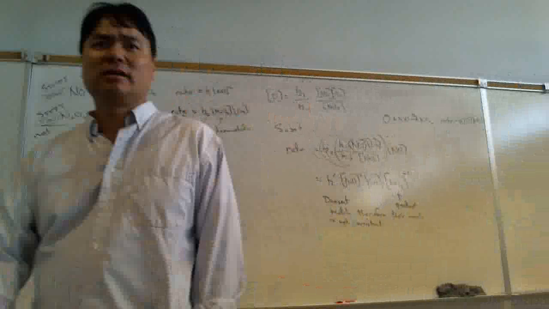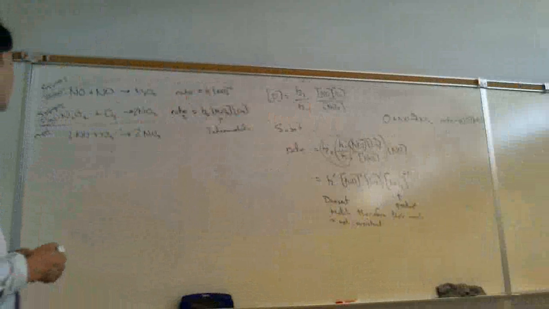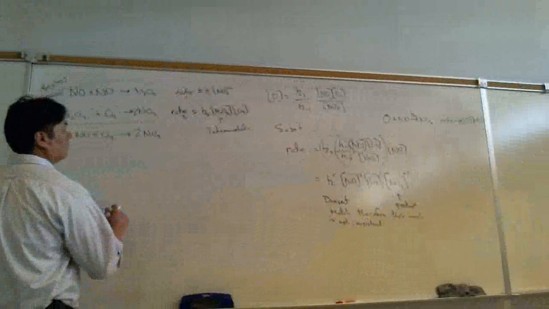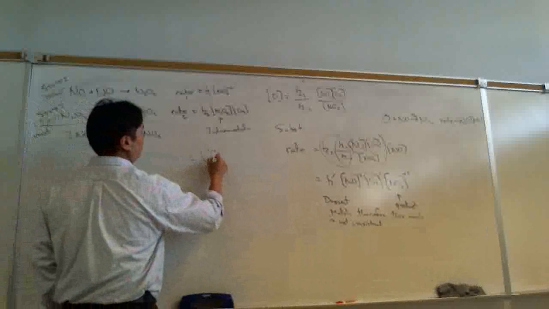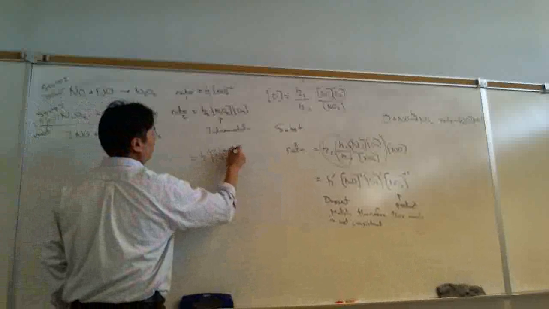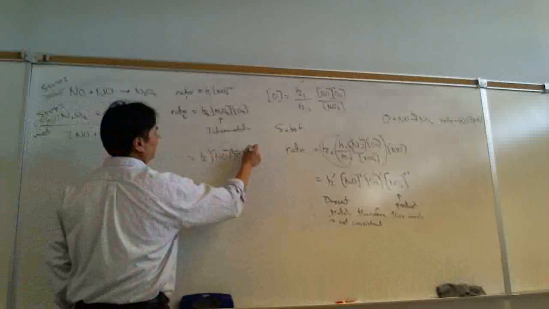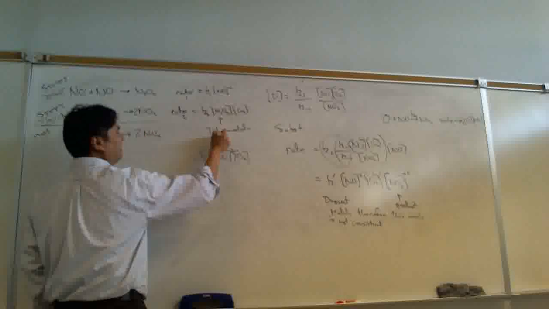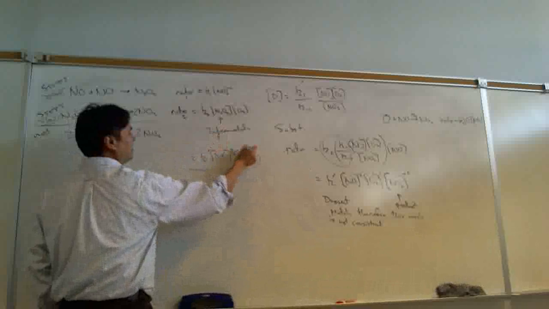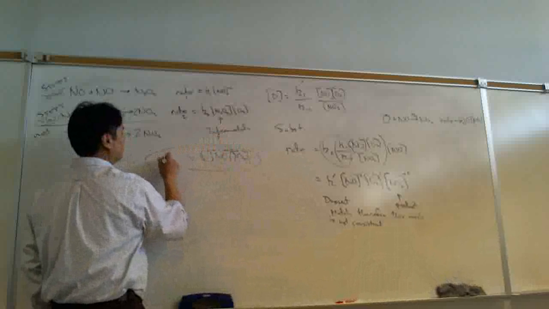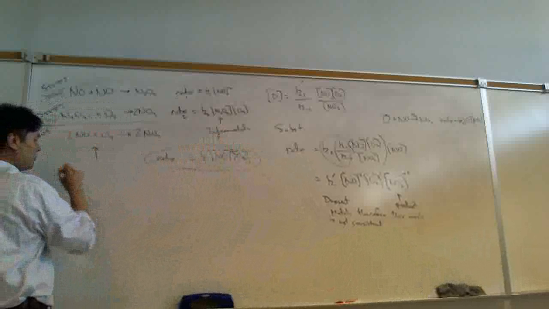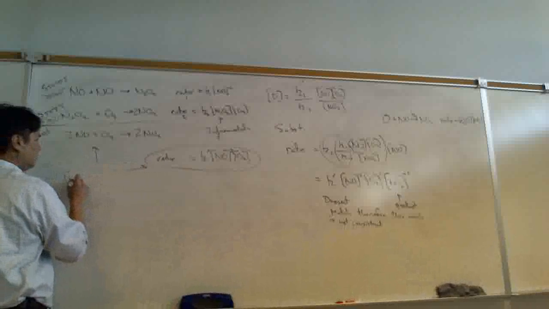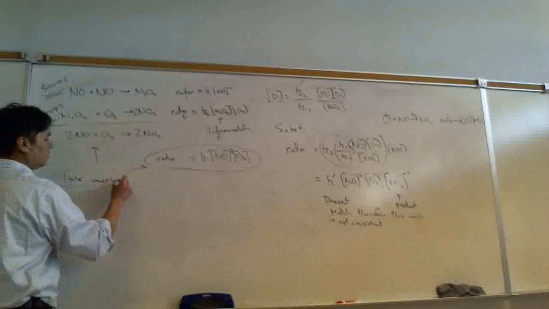Did anyone get it? Yeah, what did you get? The rate is K prime times NO squared times the concentration of O2 to the first. Oh, okay. So if we get rid of the intermediate, we end up with this rate law. And so what we can say here is that this mechanism is consistent with experiment.